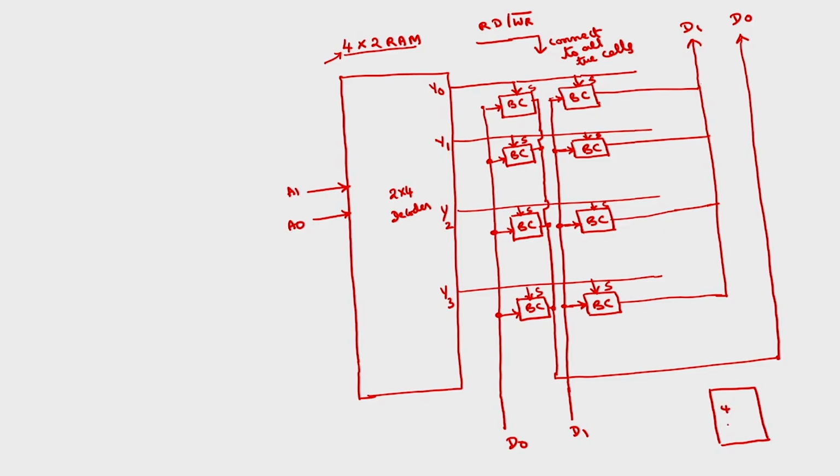4 by 2 RAM, 2 address lines which are unidirectional, A1 A0, 2 data lines bidirectional D1 D0, one select signal corresponding to each of these memory cells, then read by write bar signal.